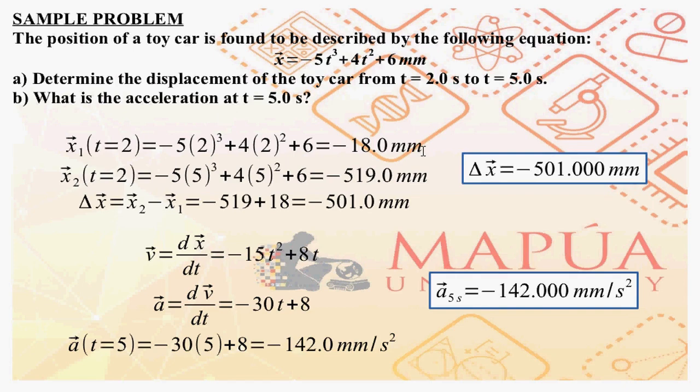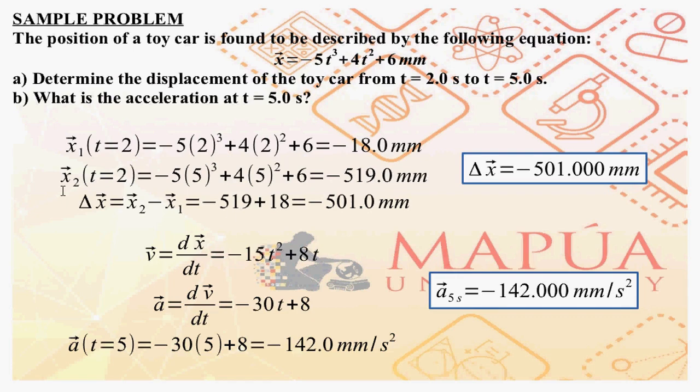And you have the initial position, negative 18 millimeters. Then plug in the final time, t is equal to 5 seconds. Final position: plug 5 seconds into the equation, and you will get the final position to be negative 519 millimeters.